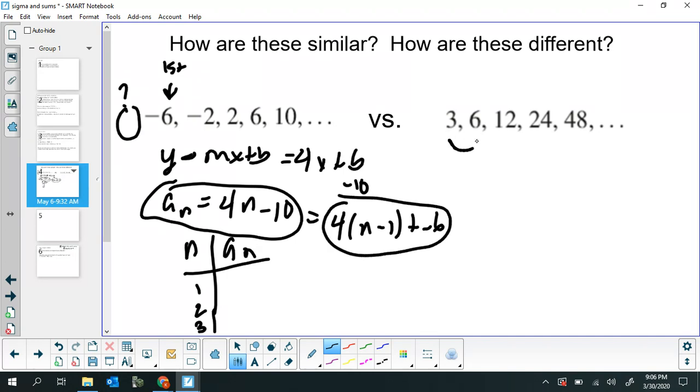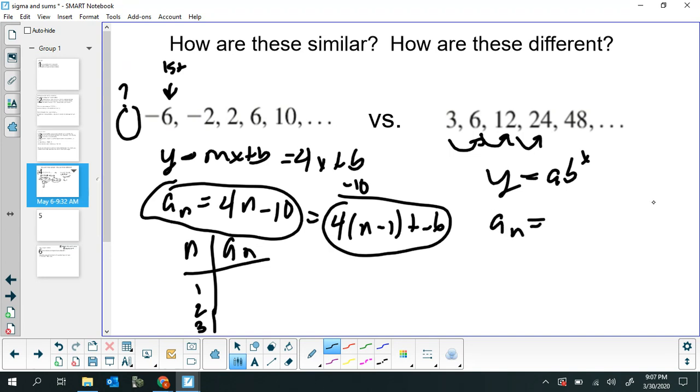This guy, on the other hand, you probably notice that as you go along, it is multiplying over and over and over by the same amount, times 2. So we might say that this is exponential. We might be thinking y equals a b to the x, but instead we're going with a of n. Same challenge.